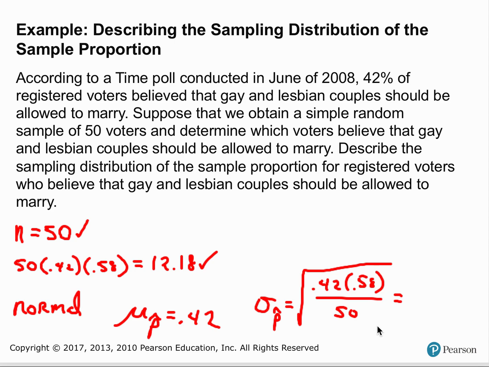So plugging that into our calculator, we get 0.0697, 0.0698, rounding appropriately.